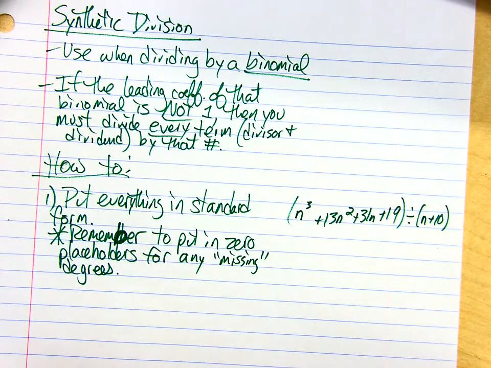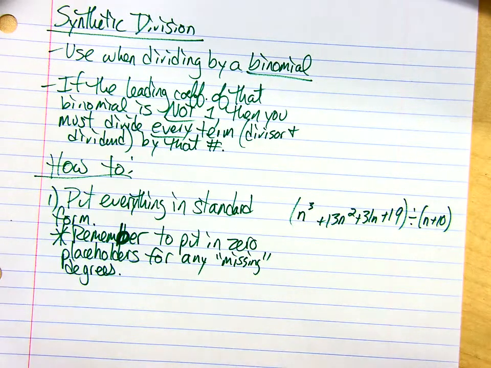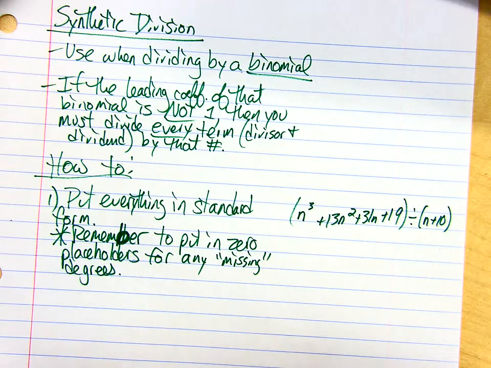So step 1, I make sure that everybody's in standard form. They are. Do I need any 0 placeholders? No. I have third, second, first, and then a constant. Everything's fine. The leading coefficient of my binomial is 1, so I don't have to worry about it. Step 1 is fine.